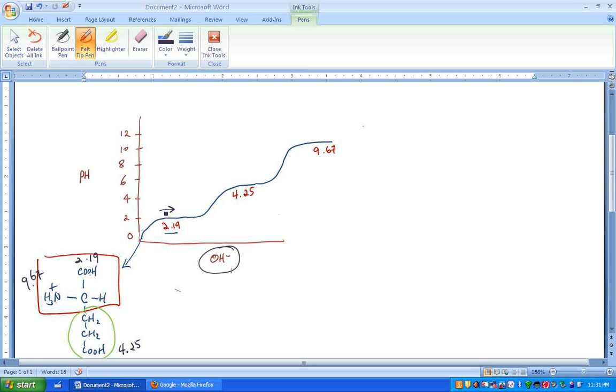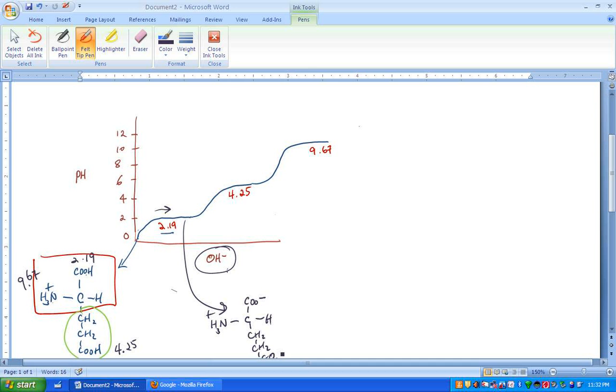So as you're moving this direction, you're getting more and more of COO minus, and the other part stays the same. So over here, you'd get a structure of COO minus, CH, and NH3 plus, and the side chain stays the same.